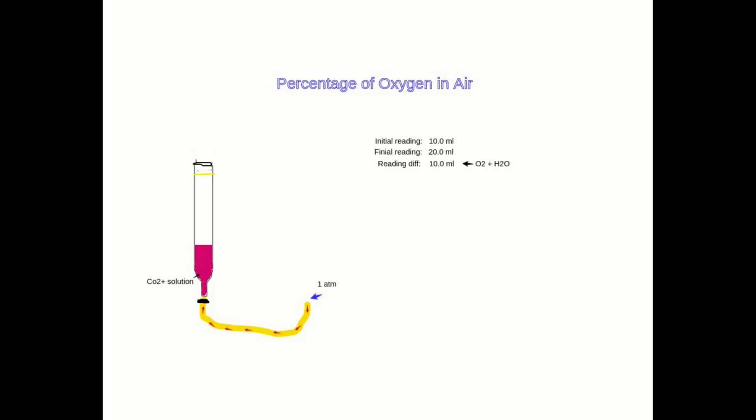Now we use a rubber band to mark the bottom of the stopper, because this tells us how much gas we have left in the gas burette. It's from here to here. And now we remove the stopper, and we fill water in the beaker, and we pour the water into the gas burette. Before we do that, we record the initial mass of the water and the beaker combined.